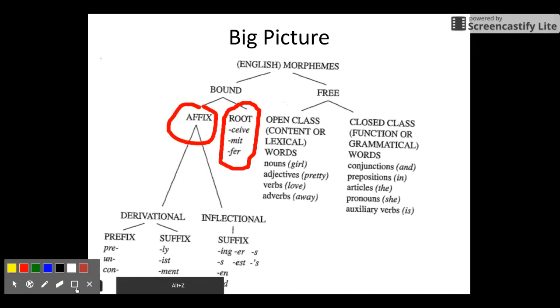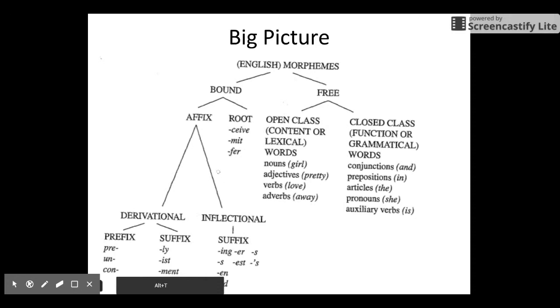And for affix, we can classify affix from two aspects. The first one is the position of the affix, and the other one is the function of the affix. Let's talk about the position of the affix first.